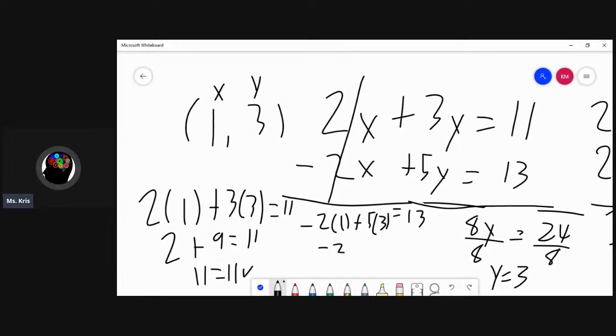So now negative 2 times 1, that's negative 2, plus 5 times 3, that's 15, and that equals 13. And of course, 15 minus 2, that is 13. And of course, 13 equals 13. That checks out. So your answer is 1, 3.